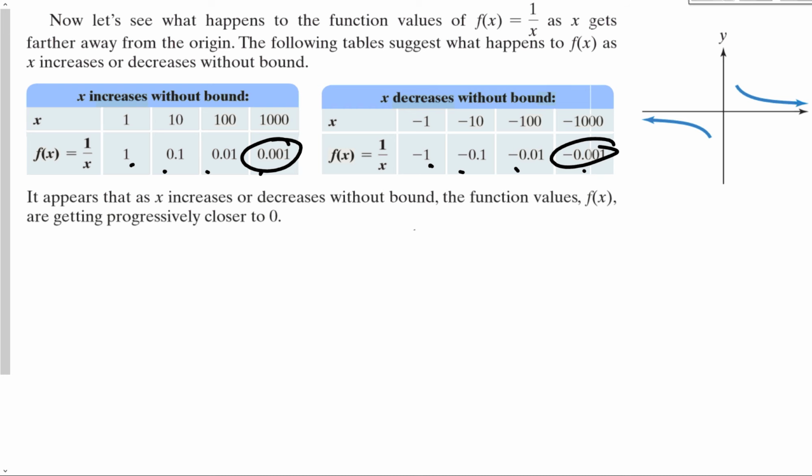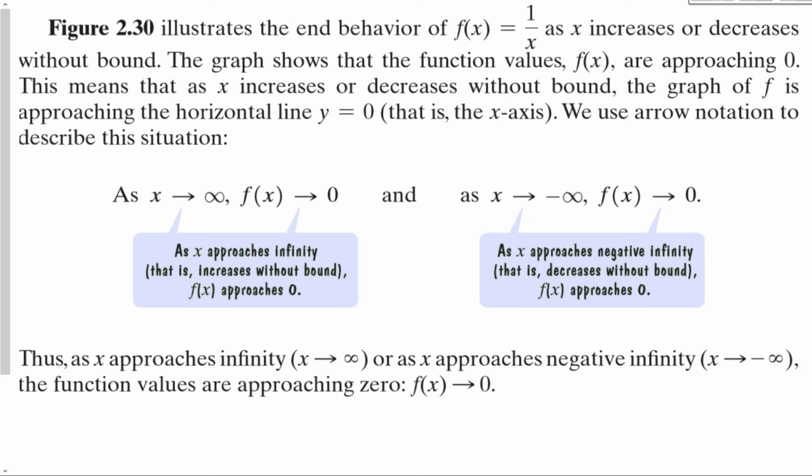So what that means we can do with arrow notation is say, well, this illustrates the end behavior as x increases or decreases without bound. The graph shows that the function values f of x are approaching 0. And this means that x increases or decreases without bound. The graph of f is approaching the horizontal line y is equal to 0, the x-axis.